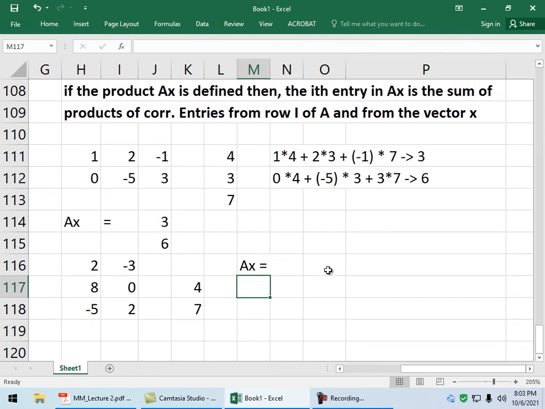Check your result. Minus 13, 32, and minus 6.